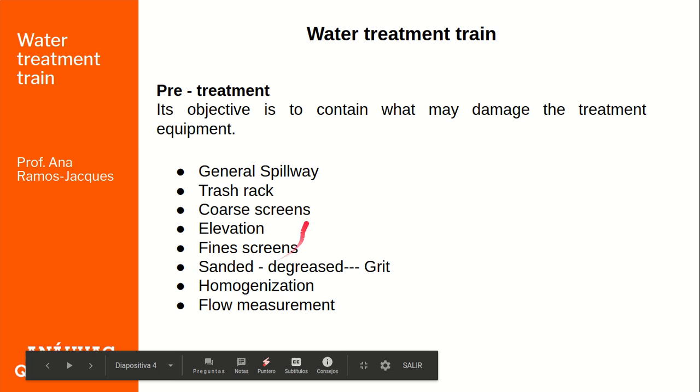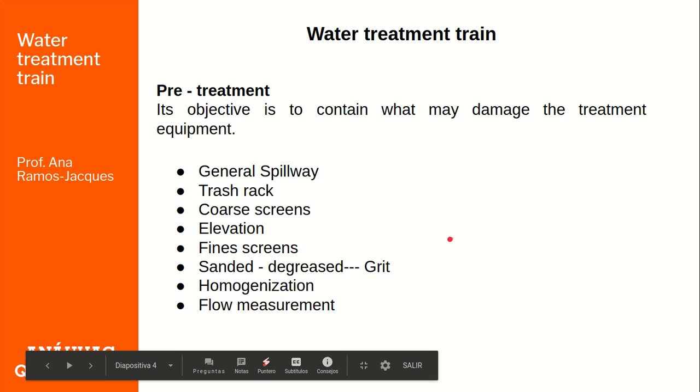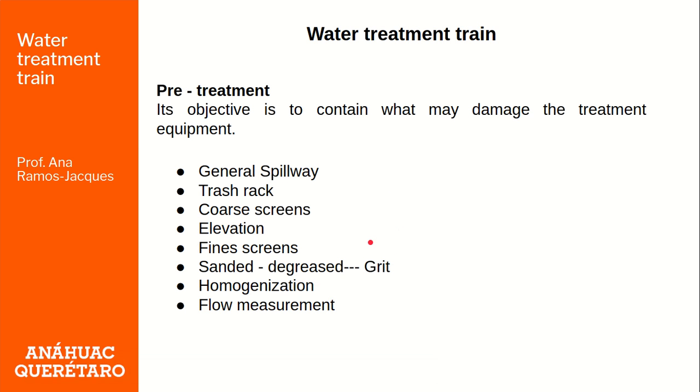As we said, to avoid damage to the equipment, we have to remove sand and grease through a grit chamber. In here we also take advantage of this stage to measure the flow of the current entering the wastewater treatment plant.